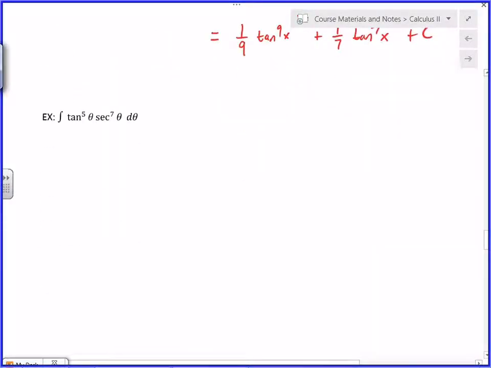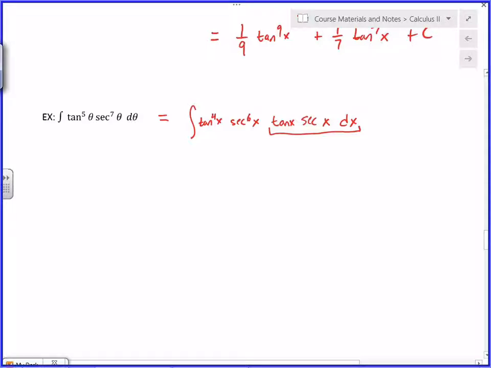Odd powers of secant. What's my strategy? The only thing I have to do is peel off a secant and a tangent together. So I need a tangent of x and the secant of x that I'm separating out. And what's left? How many tangents? 4 of them, and how many secants?